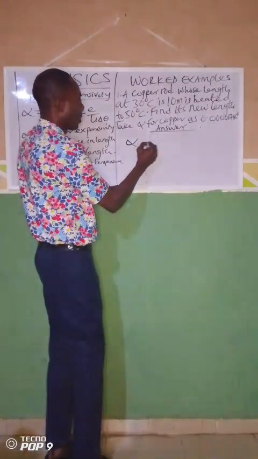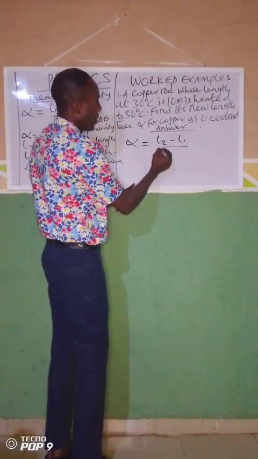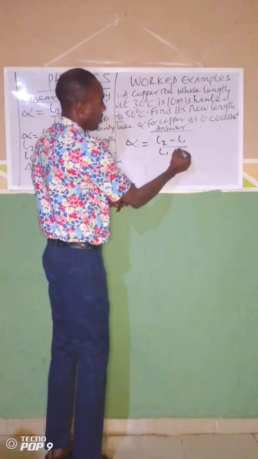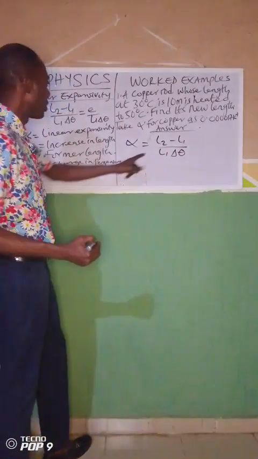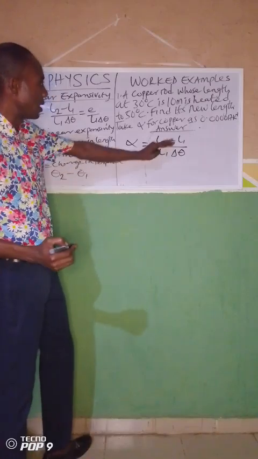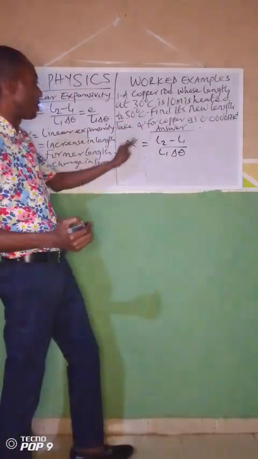And you are going to use your formula. Alpha is equal to L2 minus L1 over L1 change in what? Temperature. What is our L2? That's what we are looking for, the new length of the copper.